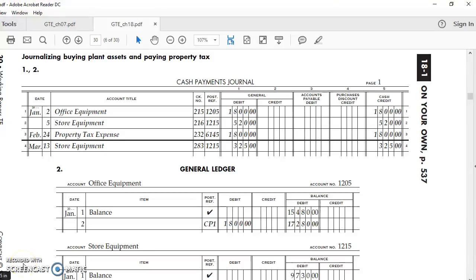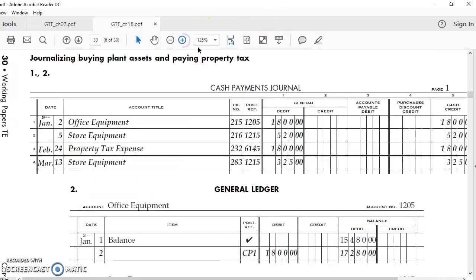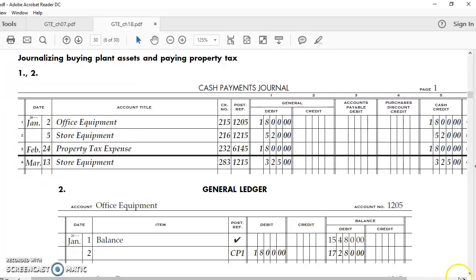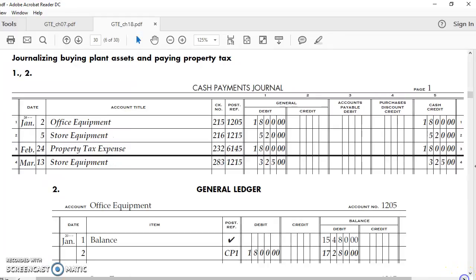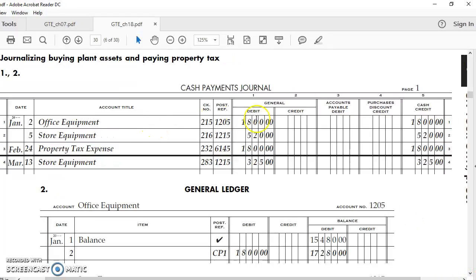Yesterday, I asked that you did the on your own on page 30, and I wanted you to take a look at the solution to the on your own. Please compare mine to yours. The first line is office equipment, general debit, cash credit.